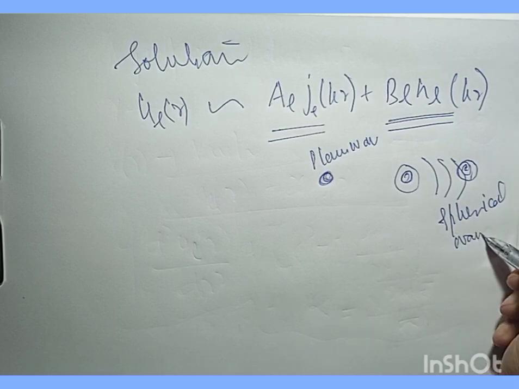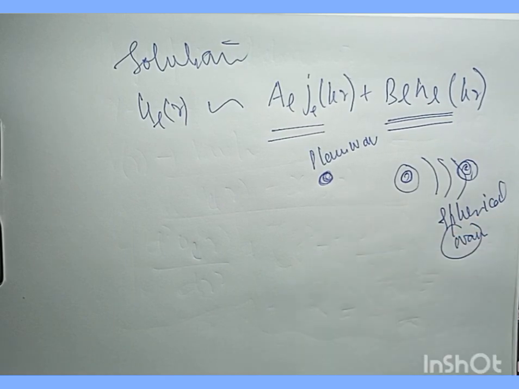Spherical wave. So you have a plane wave in a mathematical sense, and this plane wave has modifications when it interacts with some kind of potential, and you come up with a spherical wave.